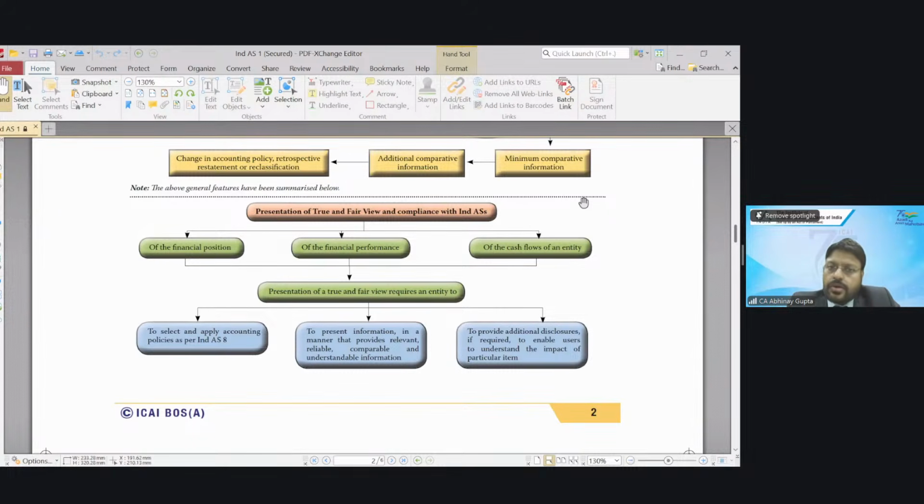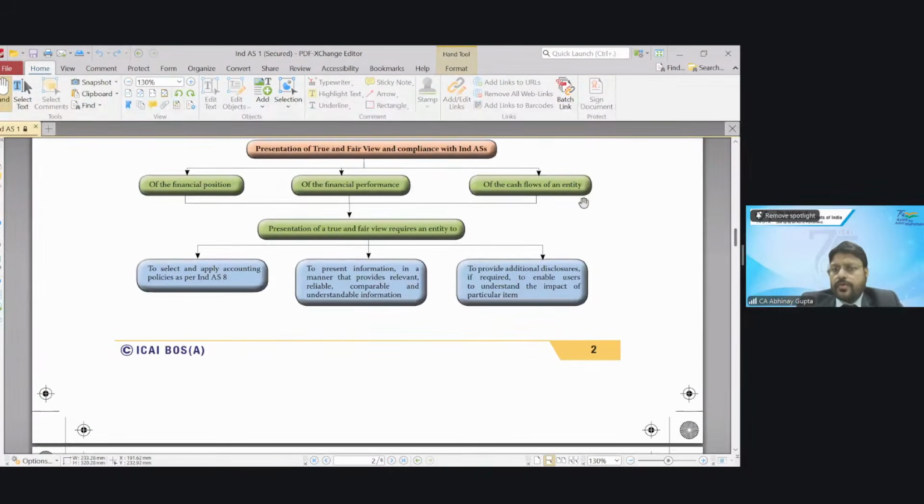So that you must have already studied under the Ind AS 8 session, right? And in that case, what additional requirement gets triggered? To present the third balance sheet, because you are changing an accounting policy. So third balance sheet would also be required, right? So we need to present the third balance sheet in that case.